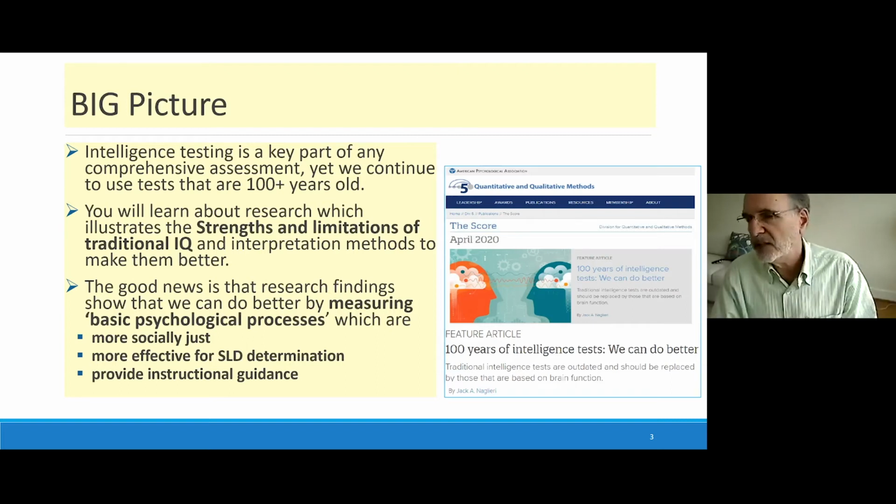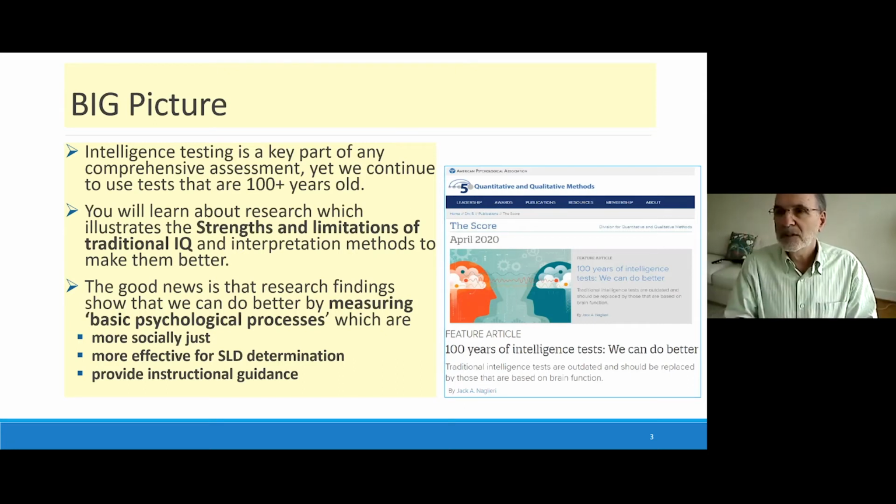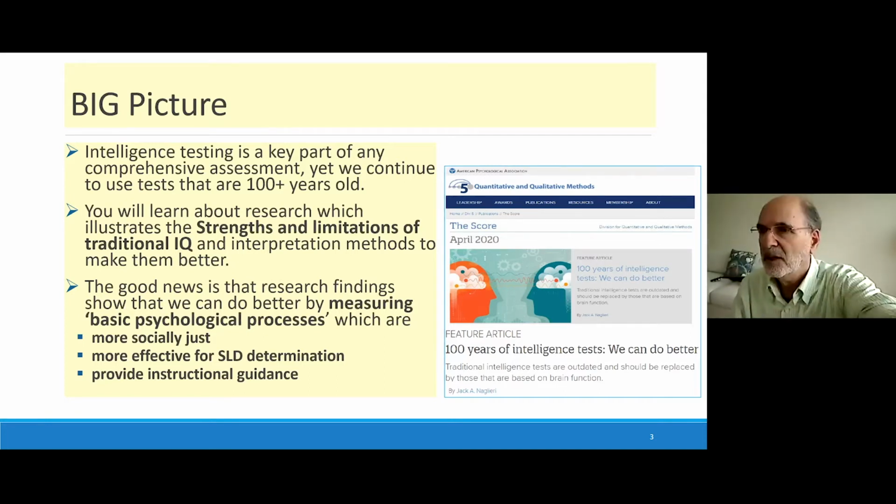We want tests that are effective for SLD determination, because so much of what we do is trying to answer the question of why the student doesn't learn. And then the question that comes from that is, what are you going to do about it? We need to be able to help people understand what, in fact, they can do to help a student learn better. So that's what we're going to go through today.